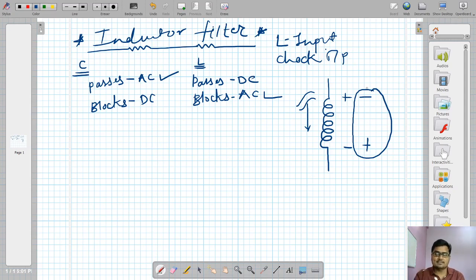But here, if it is inductor, it is not possible for anyone to explain operation with respect to time. We have seen in case of capacitor, capacitor charges for time t1, and then capacitor discharges for time t2, again capacitor charges for time t1, again capacitor discharges for time t2. It was okay if it is a capacitor.